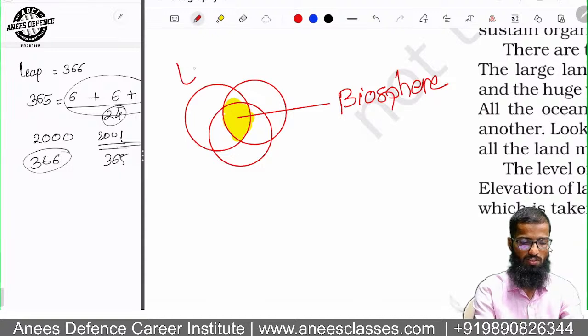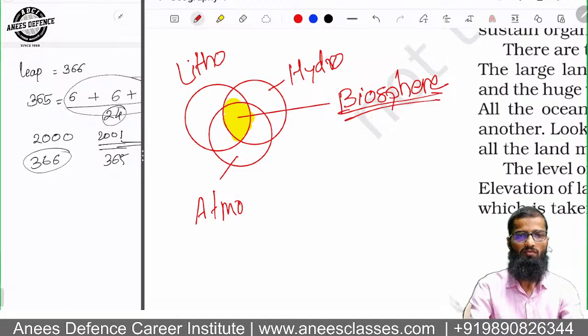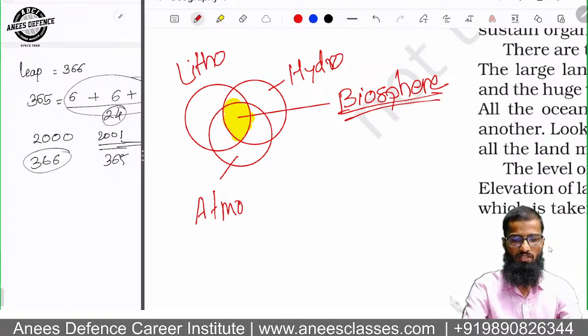This is lithosphere, this is hydrosphere, this is litho, this is hydro, and this is atmo. And this is the biosphere. Now I think your concept is clear.